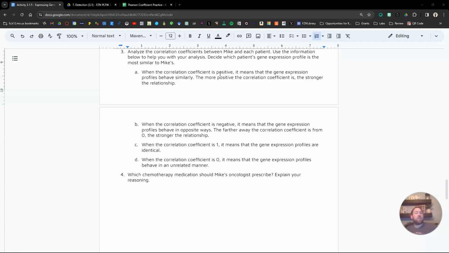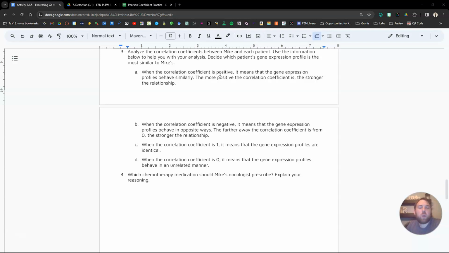And the more positive that number is, the stronger the relationship, meaning the more likely that treatment is going to work. When the correlation coefficient is negative, it means that the gene expression profiles behave in opposite ways. And the farther away it is from zero as well, the stronger the relationship is.